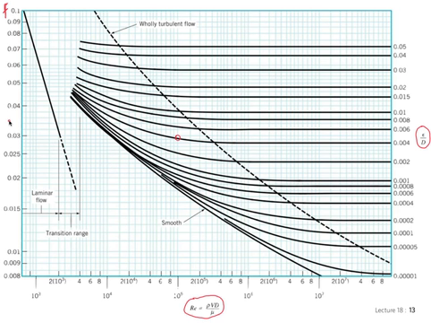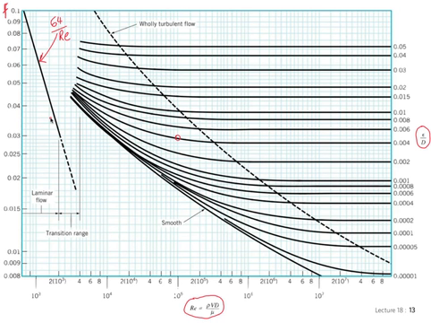But I want to point out several other things from this chart. In laminar flow, we have, of course, a linear relationship, which is 64 over Reynolds, as we expect.